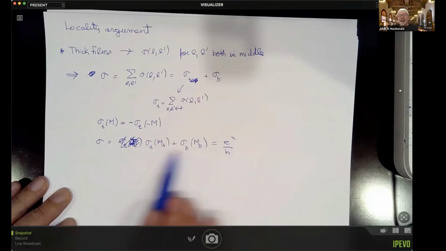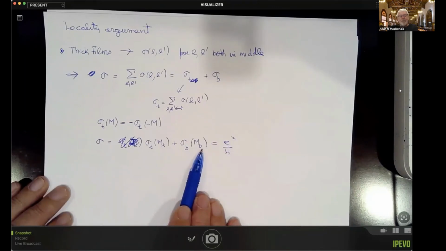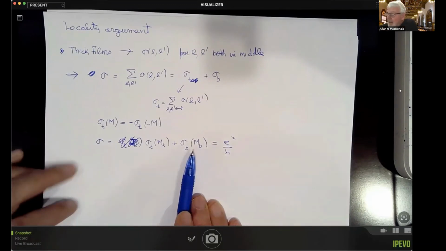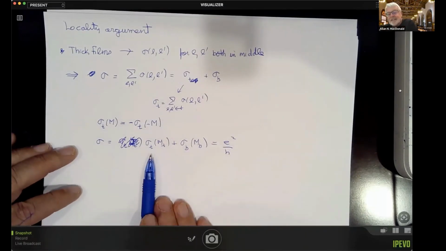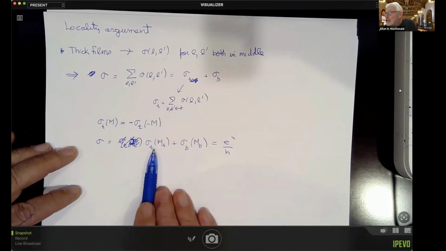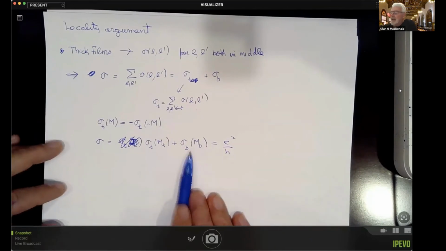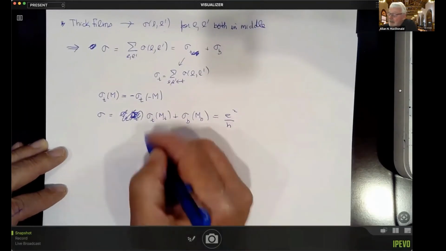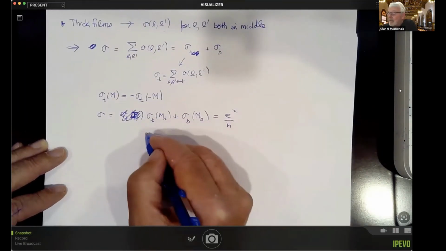So these have to add up to e squared over h when they add together, independent of any detail near the top surface or near the bottom surface.